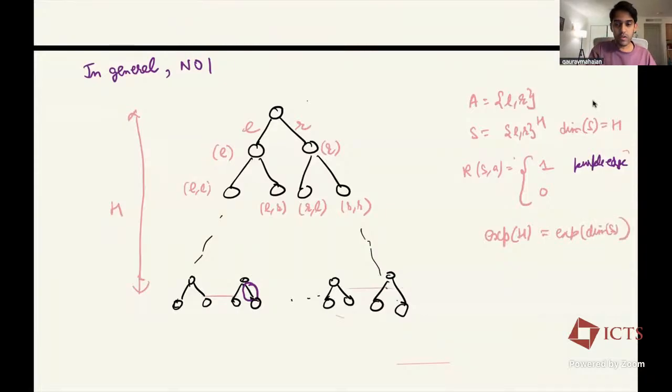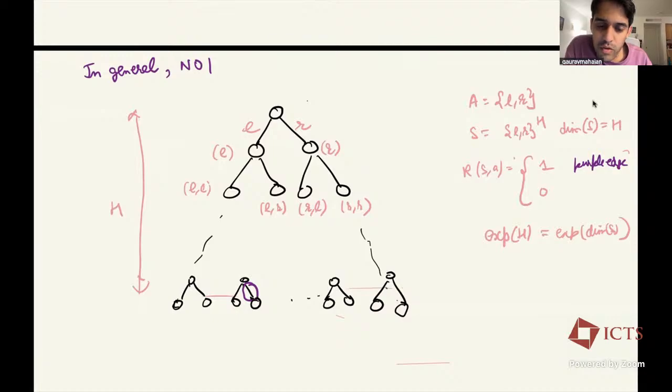Sorry, Gaurav, maybe this is a slightly annoying question from an outsider, but earlier you defined complexity in terms of whether it was polynomial in dimension of S or exponential in dimension of S. Now, if S is just fixed as a function of time, then isn't the total number of paths limited by dimension S to the power H?